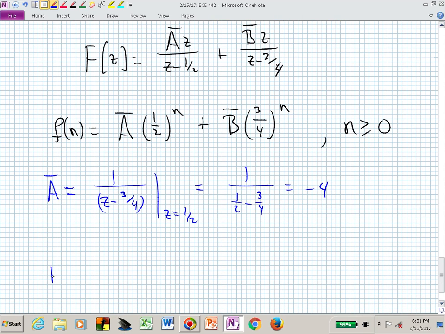Similarly, I can find b bar, multiply through by the factor that was underneath b bar, which was z minus 3/4, which leaves me now with z minus 1/2, evaluated at 3/4.